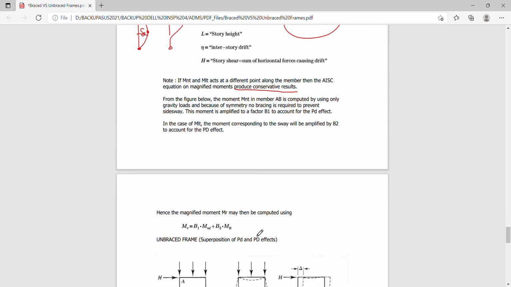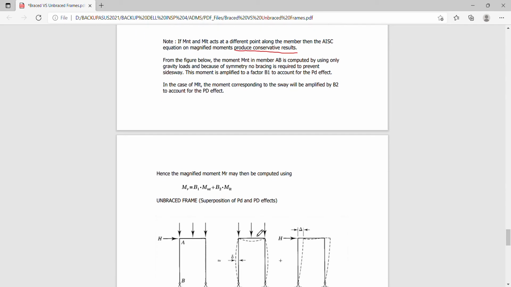Okay, so hence the magnified moment, the MR, may be computed by using this formula. So this is now the formula for MU magnified. MU magnified is simply the one that you will be using on your interaction diagram, which is the required MR that we are talking about here.